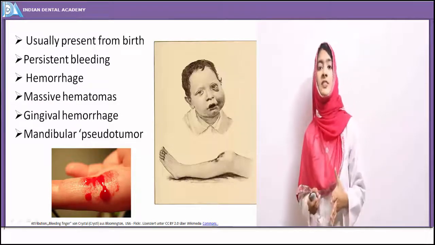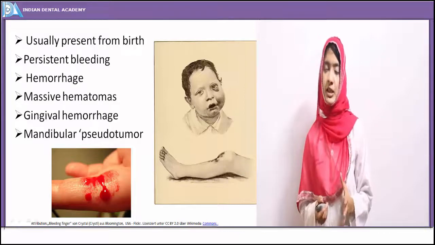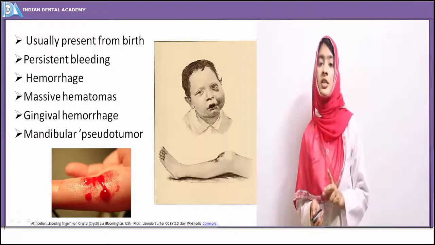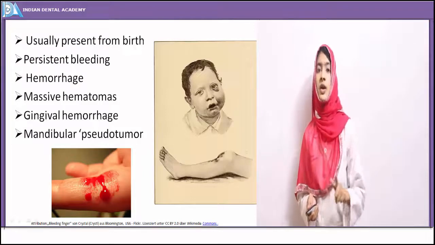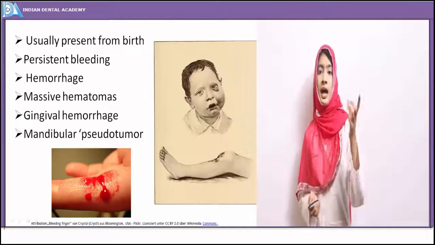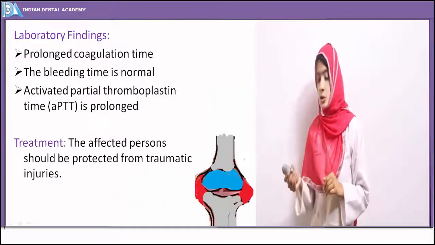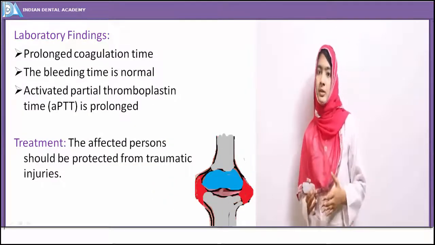So these are the clinical features: persistent, spontaneous bleeding, hemorrhage into the joints and connective tissue, and in the gingiva, spontaneous gingival bleeding. So the disease affects children.